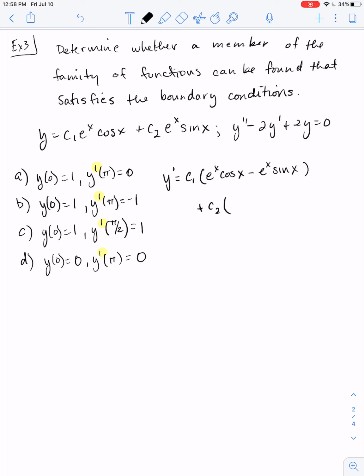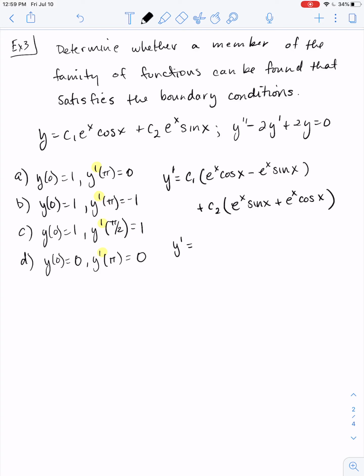Notice I just leave the C1 and the C2 out because they're constants, and you have e to the x sine x plus e to the x cosine x. Okay, so for our derivative, let's just leave it like that. You can see it's slightly different, with this e to the x sine x with a negative and C2, but you're still going to have two variables there that are different. But we can work with that as we're going along.